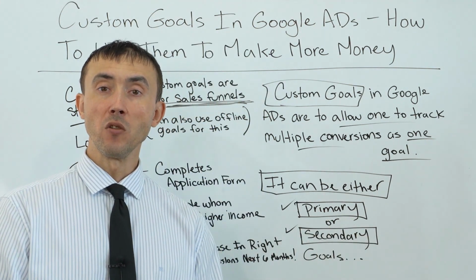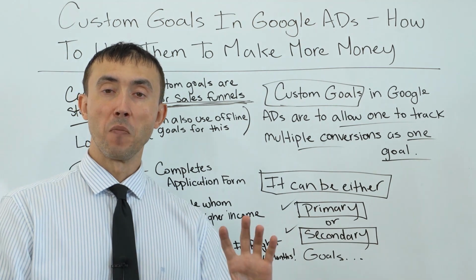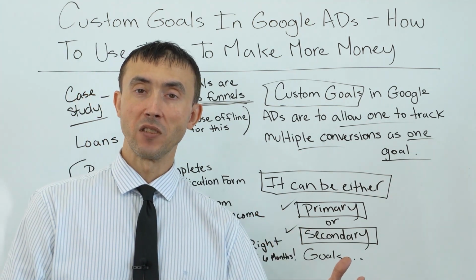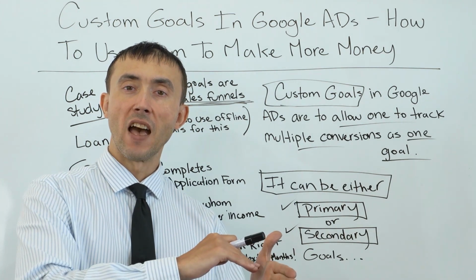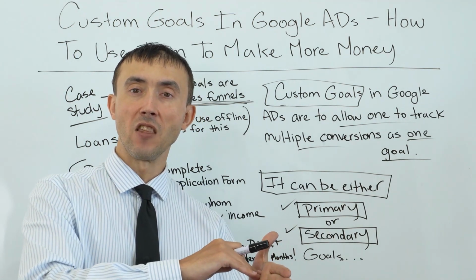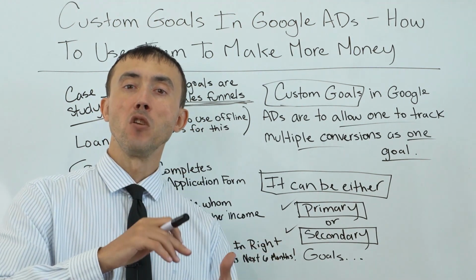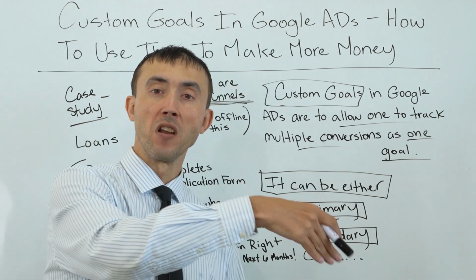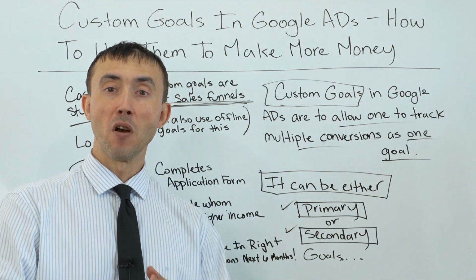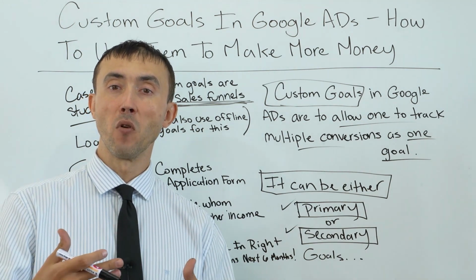So what you could do is set up a conversion goal for when people get to the question asking, what is your budget? As long as they answer anything with 5,000 or above, you have that set up as a conversion goal in Google Analytics, which you then import into Google Ads. You have that goal marked secondary, so you have a bit more data.